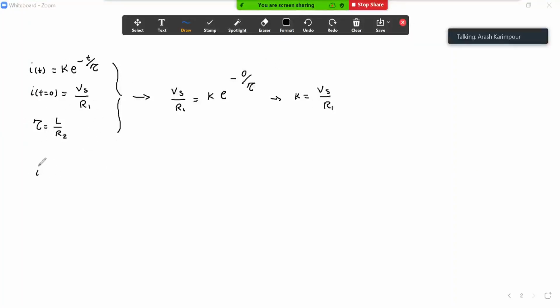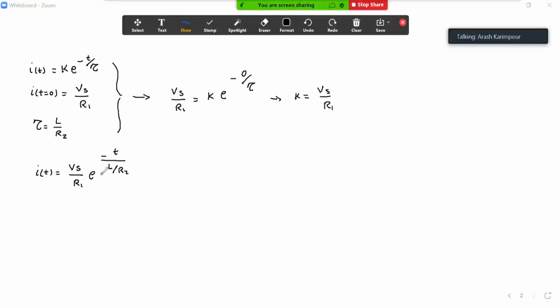So substitute k and tau in the general solution, so the i(t) is going to be k, which is Vs over R1, e to the negative t divided by tau, which is L divided by R2.